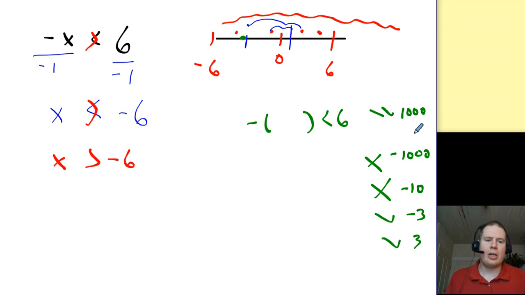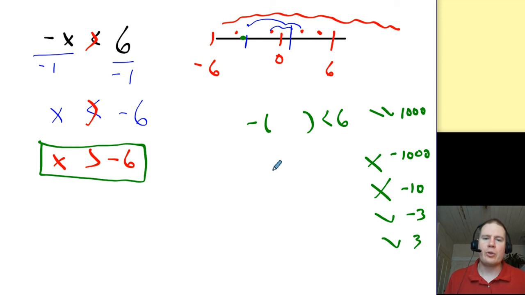Playing guess and check is going to take a long time to actually zero in on what might work. We're not ever going to be able to guess every single number to see if it works. There are an infinite number of numbers. But we can see from the way we solve equations that the 6 is going to become a negative 6.